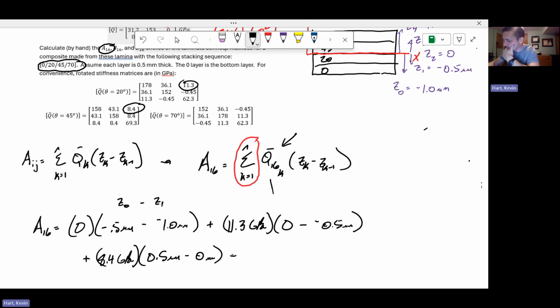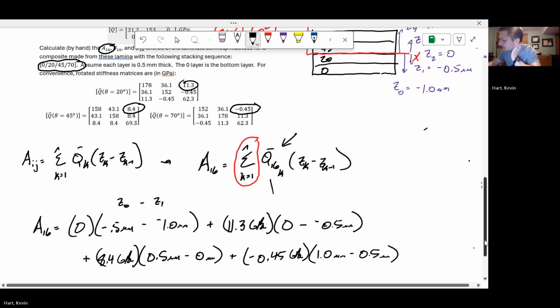And then lastly, our 70-degree layer. The 16 entry is negative 0.45 GPa times Z4 minus Z3, which is 1.0 millimeters minus 0.5 millimeters.